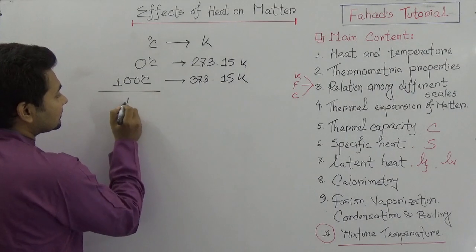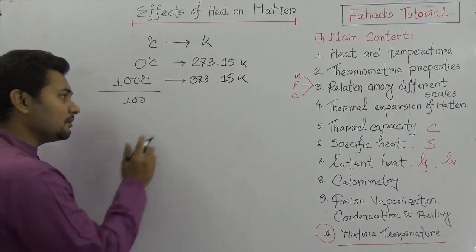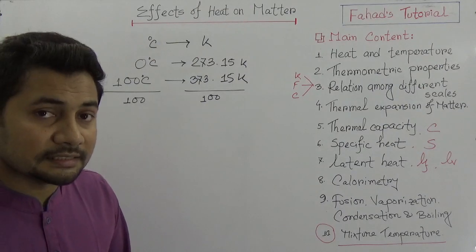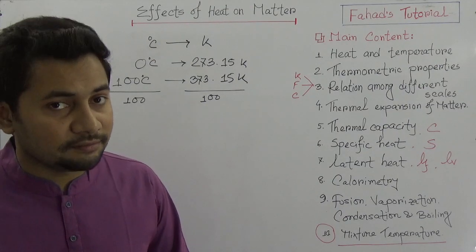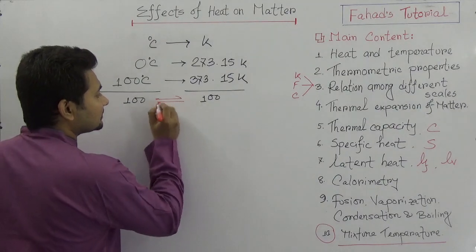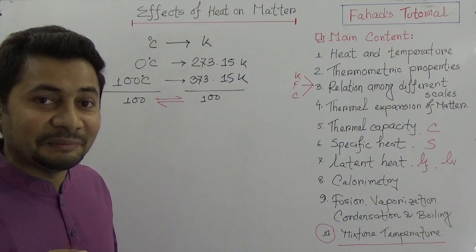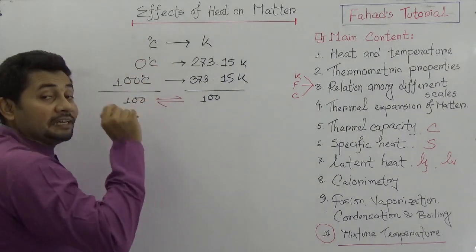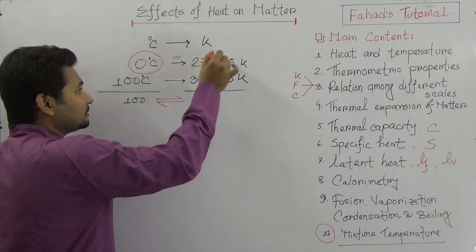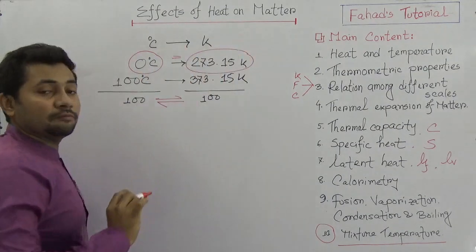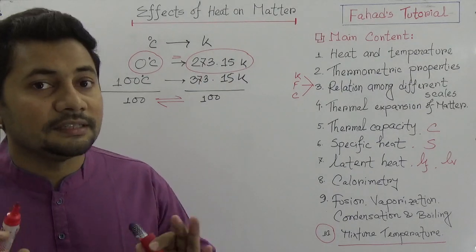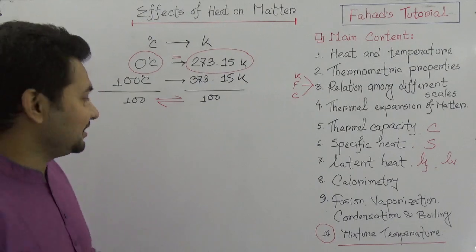Here the difference is 100 units, and here it is also 100 units. So in both Celsius and Kelvin, the differences are the same. Individually, 0 degrees Celsius equals 273.15 Kelvin, but in terms of differences, they are the same.